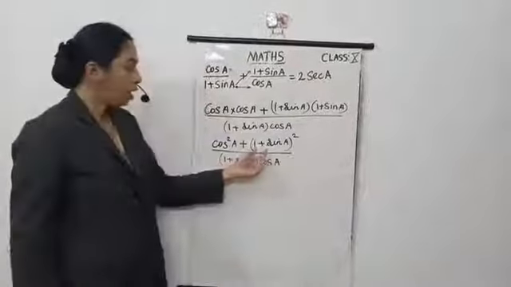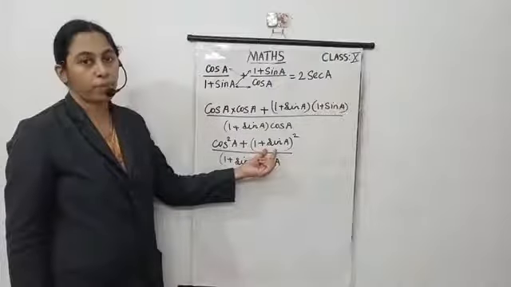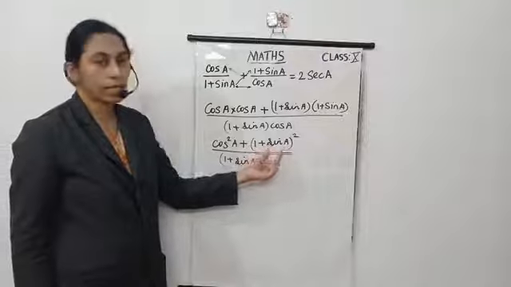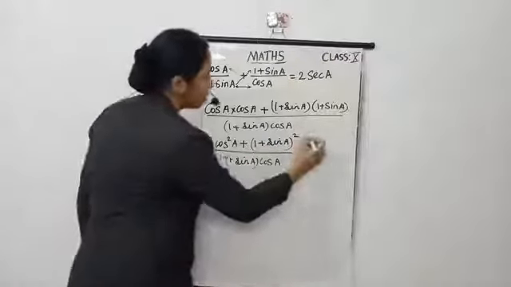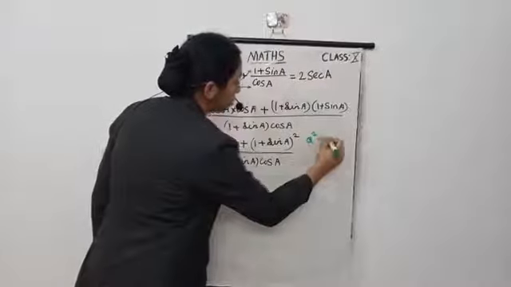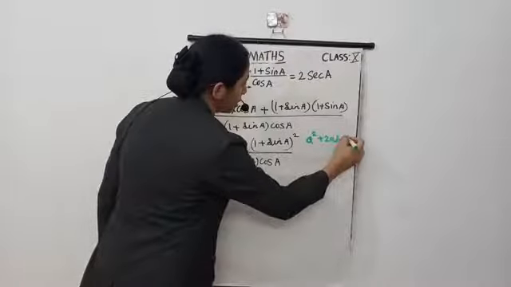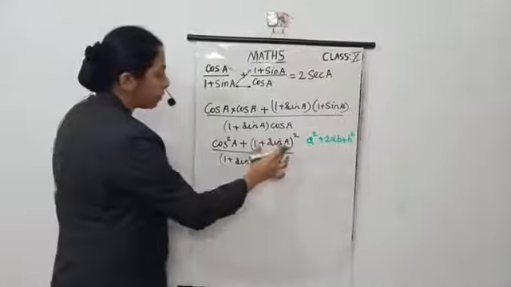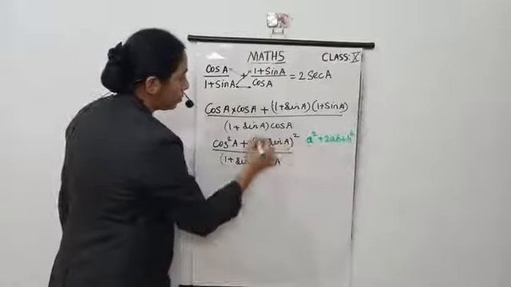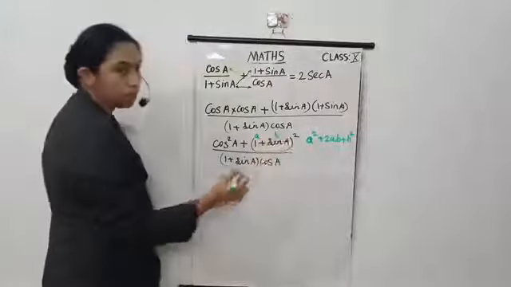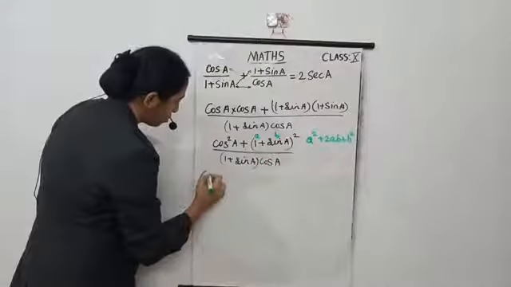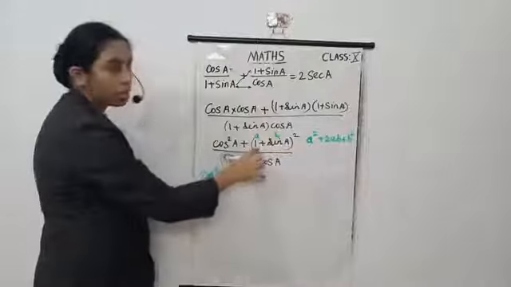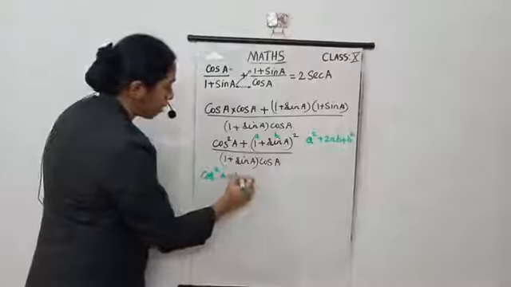Okay. Now this is in the form of (a plus b) whole square. I think all of you remember. (a plus b) whole square is a square plus 2ab plus b square, or a square plus b square plus 2ab. Both are correct. Okay. So we expand it in this form. So this is a and this is b. So cos square A plus a square. a square is 1 square. 1 square is 1 itself.